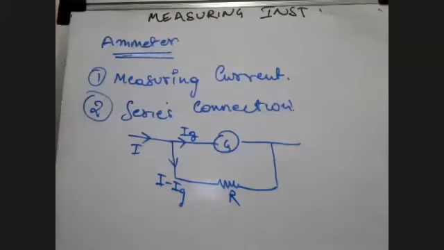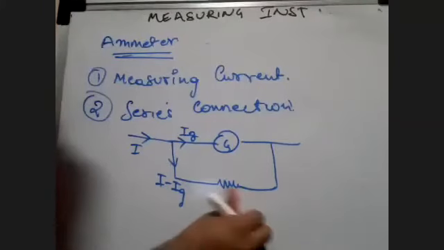Isn't this a great idea? So to convert a galvanometer into an ammeter, all you have to do is connect a shunt resistor. What is it called? A shunt resistor. I will define this resistor as S.